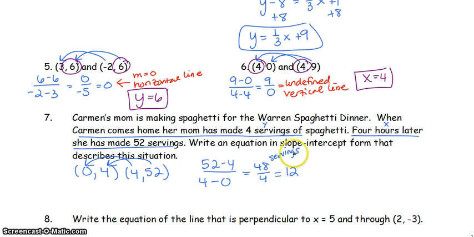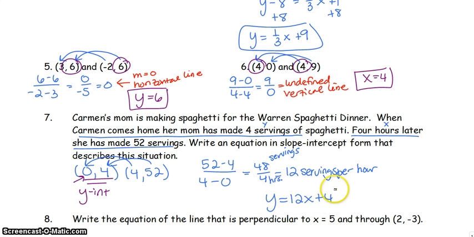On the bottom, we were doing hours. So our rate of change is 12 servings per hour. In this case, to write the equation, it's actually not as hard because we are given the y-intercept. We know it's the y-intercept again because our x-coordinate is 0. So we can go to y equals 12x plus 4.